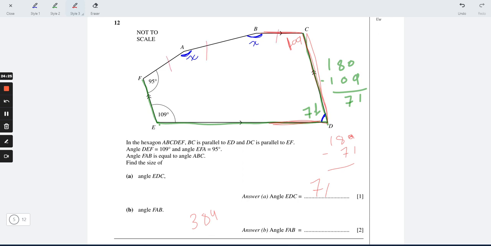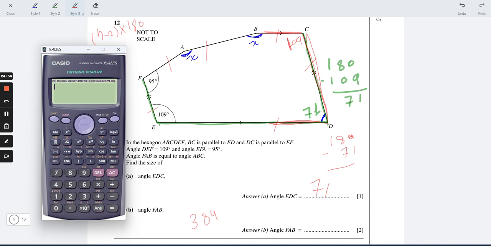And we have a polygon, so 1, 2, 3, 4, 5, 6 sides. The sum of angles for any polygon is the number of sides minus 2, multiplied by 180. So 6 minus 2 is 4, and 4 times 180 is 720. 720 minus 384 gives 336.